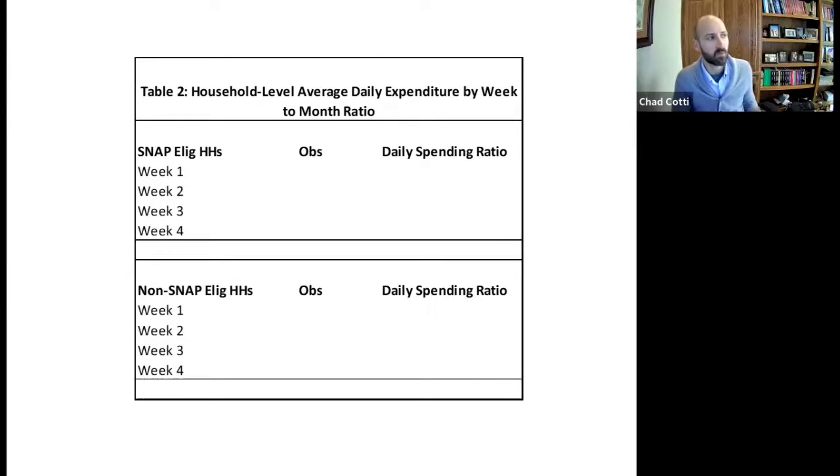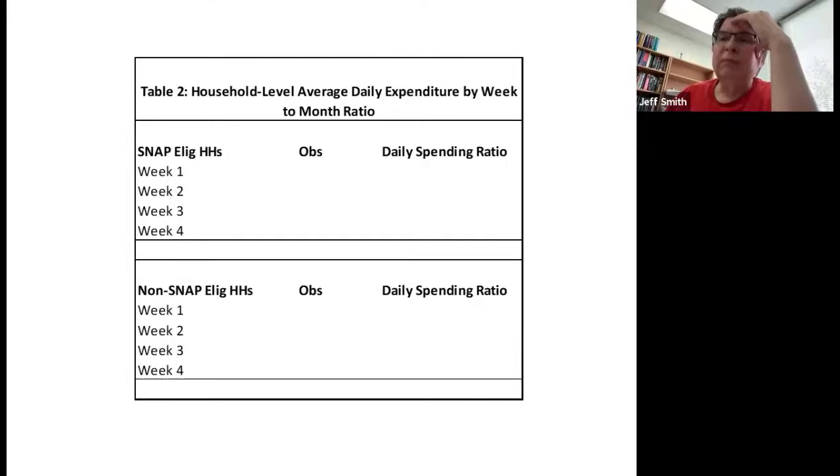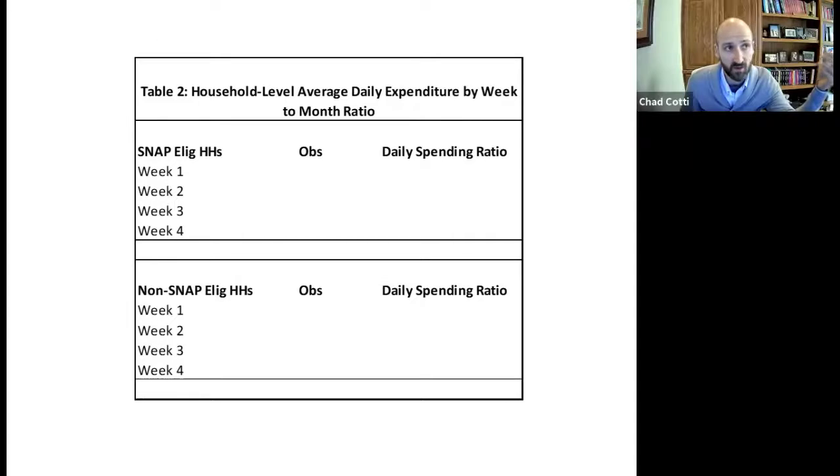Okay. And what we expected based on the literature was that we would see a dramatic drop in expenditures within the food stamp population. In this table I'm showing you, the top panel is people who are food stamp eligible. The bottom panel are people who are not. We were finding something consistent with those who found large declines in caloric intake and food insecurity at the end of the cycle.